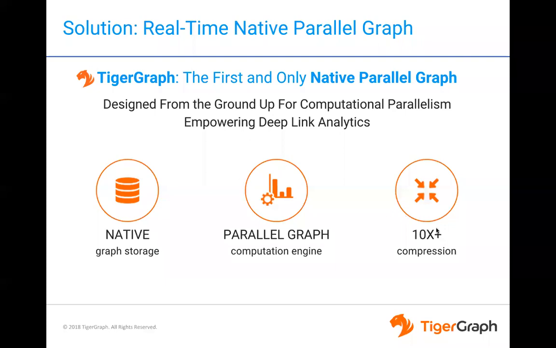Thirdly, what we also did was we compressed the data as a built-in feature. When data is imported into TigerGraph, it's usually 2 to 3 to 5 times smaller than your raw external data. Compared to some other systems, that might be 10 times smaller. The advantages are twofold.